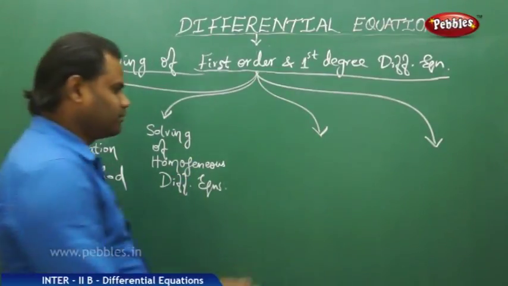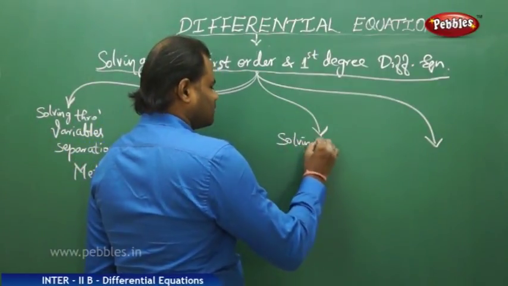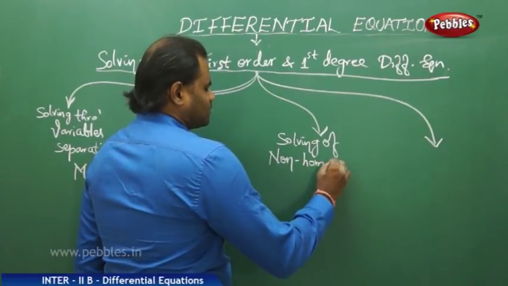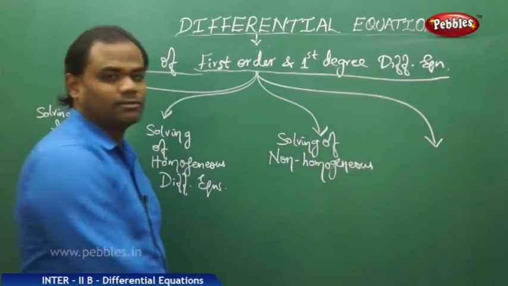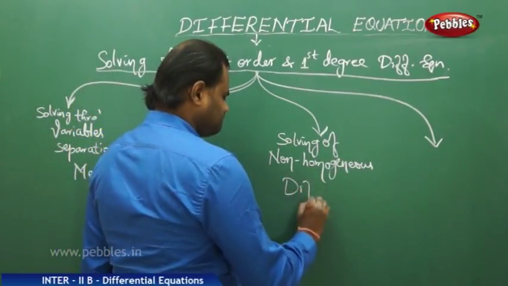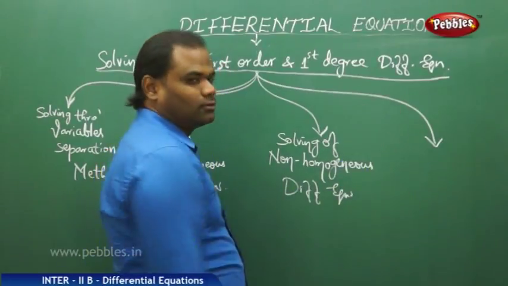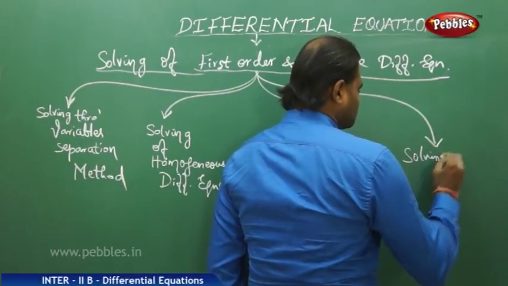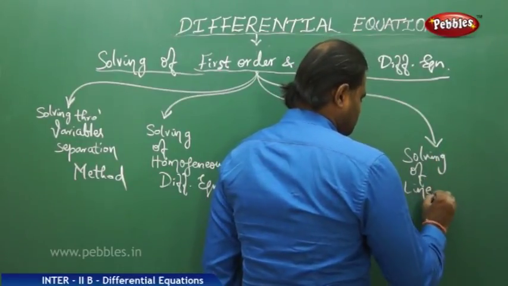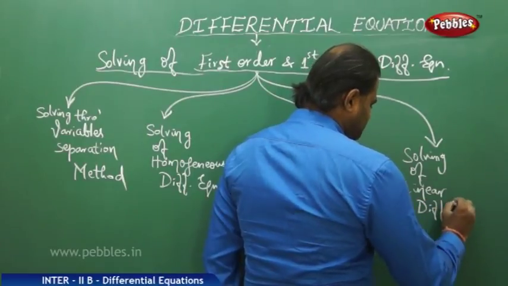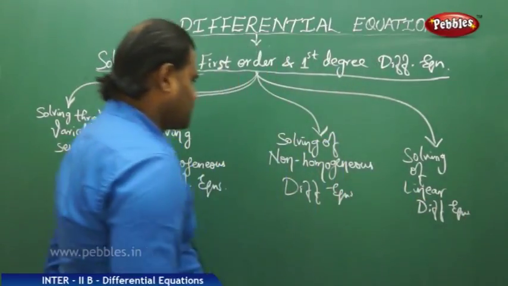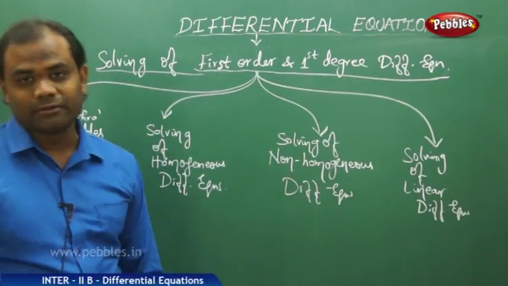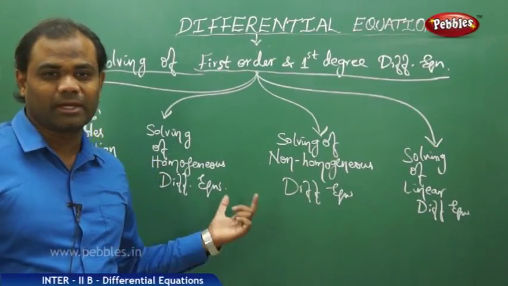And thirdly, it is solving of non-homogeneous differential equations. And fourthly, it is solving of linear differential equations. So each of them has their own method. So this first order and first degree differential equations are solved using four types of methods.